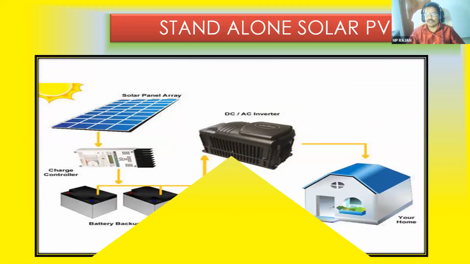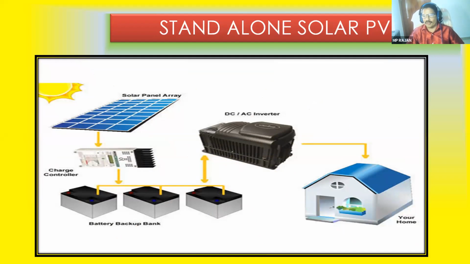So in the previous few classes, we have been discussing the various types of solar PV system and the main components involved and other parts of the solar PV system.